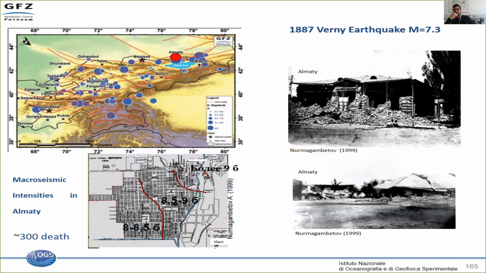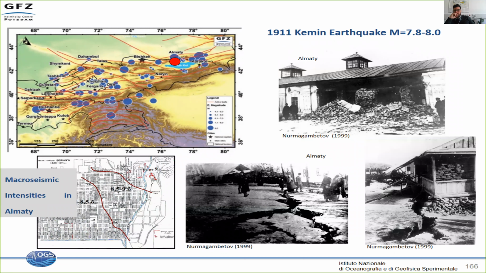In 1911, there was an earthquake that was stronger, but also farther away. If you look at the peak ground acceleration, they are more or less compatible in terms of the shaking we expect. But in this earthquake, the amount of liquefaction was huge.